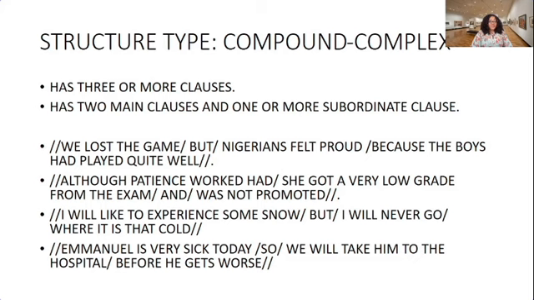We lost the game, but Nigerians felt proud because the boys had played quite well. Now I'm using two strokes on your screen to indicate the beginning of the sentence and two strokes to indicate the end of the sentence.